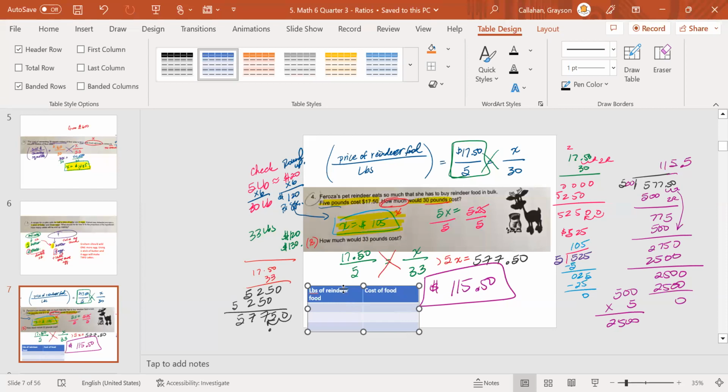You start off with the first one that they give me: 5 pounds of food. 5 pounds is going to be $17.50, right? Then from the first part that I found, 30 pounds of food is going to be $105, right? And then the next one was 33 pounds of food at $115.50.